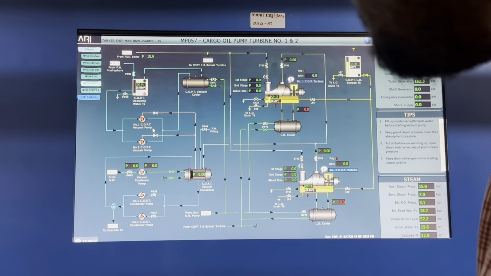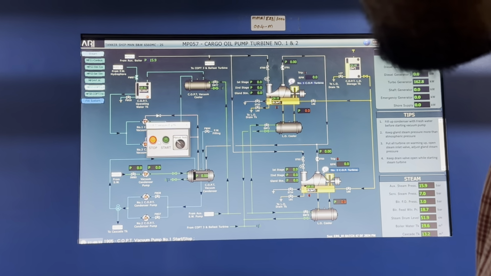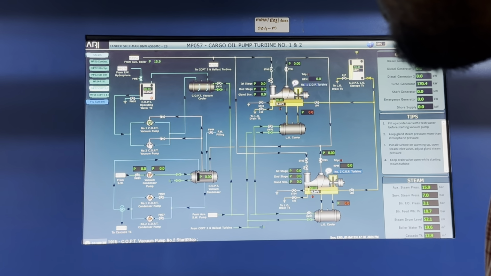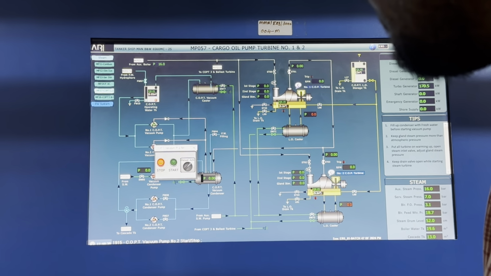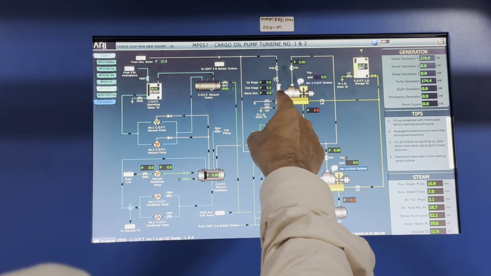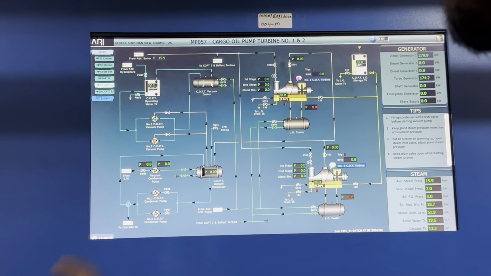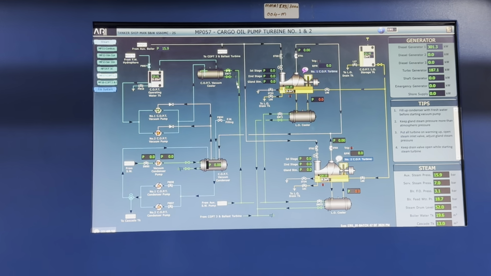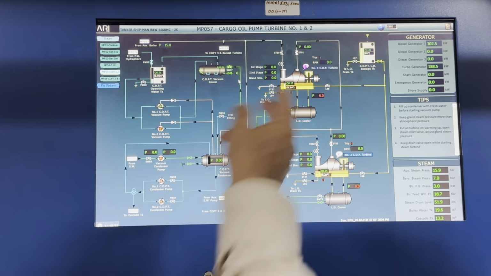Line up one pump. You start it, just start one and put it in auto. So which COP are you running? Number 1 COP. Okay, and the cooler.